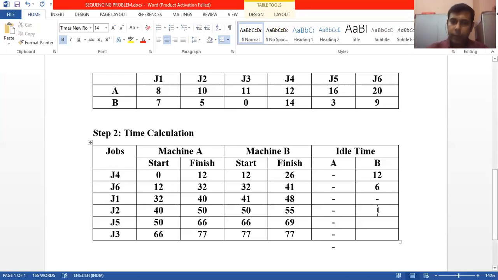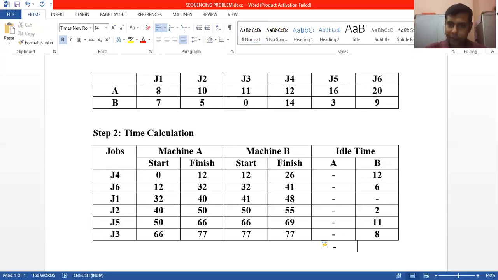Finishing at 48, but starting at 50, so 2 hours. Finishing at 55 and starting at 66, so 11 hours. Finishing at 69 and starting at 77, so 8 hours. Now the entire system is running for 77 hours, so there is no idle time for the last one, right?